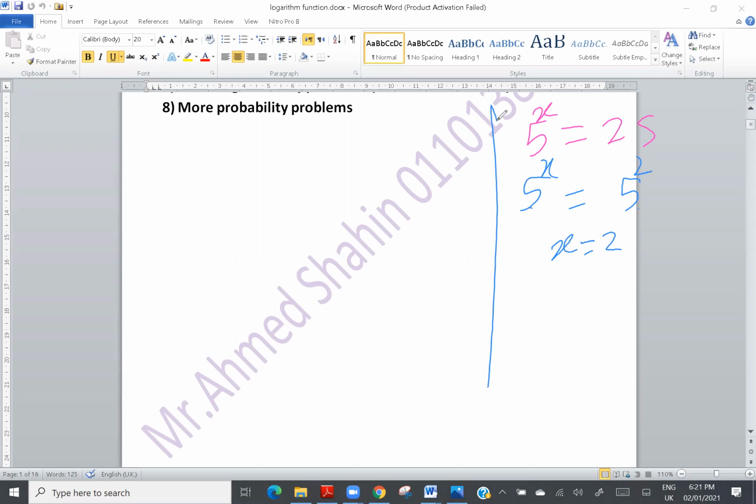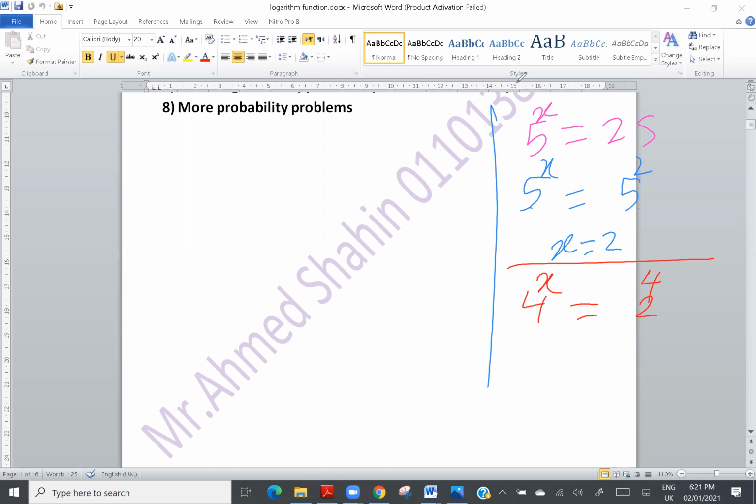Okay. Also, if you have 4 power x equal, for example, 2 power 4, how can you solve a problem like this?